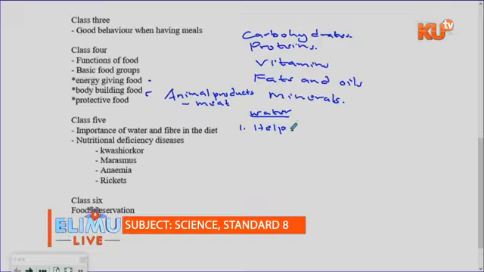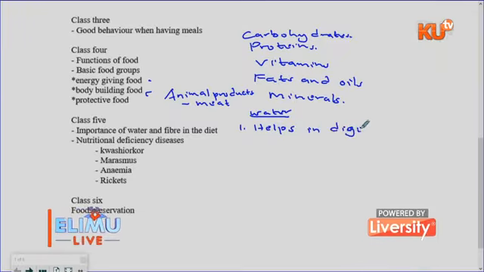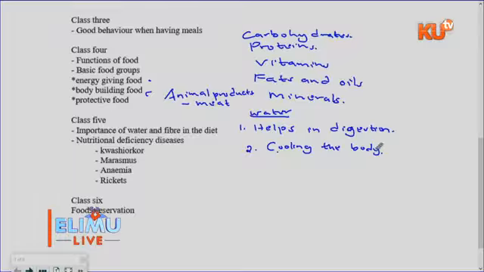It assists us when we are digesting food because it helps dissolve the food that we eat. Number two, water helps in cooling the body. When we sweat, we cool ourselves. So cooling the body is a function of water.